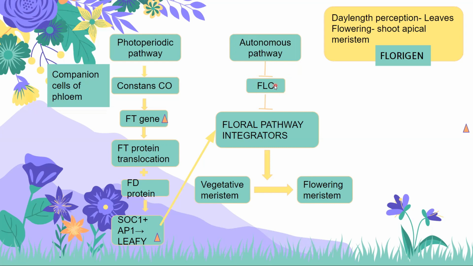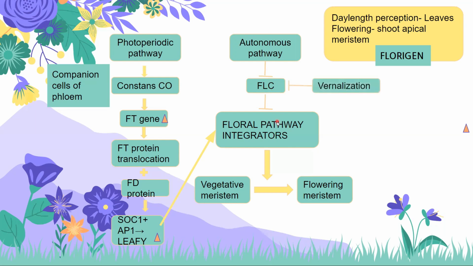This FLC gene is known to repress flowering. Therefore, when the autonomous pathway is active, it will repress FLC itself, which lets us activate the genes required for flowering. So the autonomous pathway represses FLC, which leads to flowering.